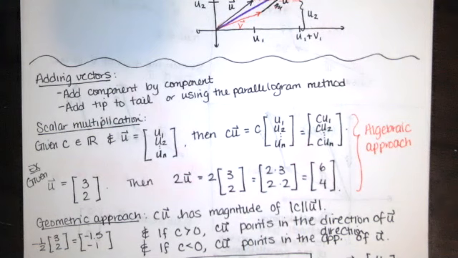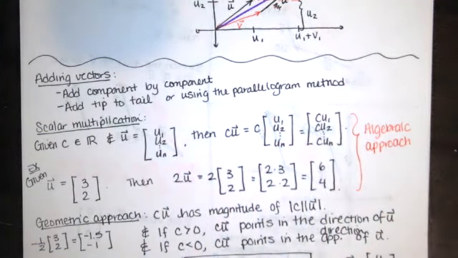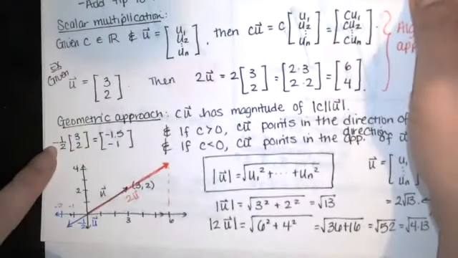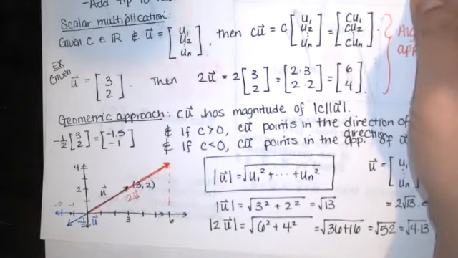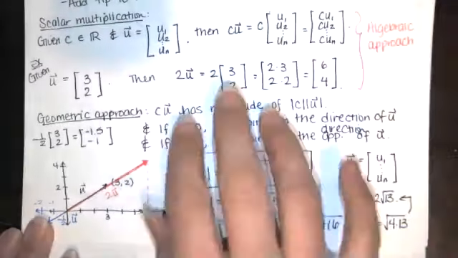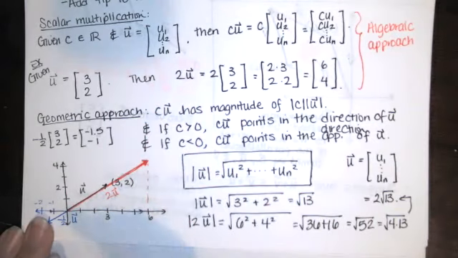The algebraic approach is really simple. You just distribute the scalar to each component and you multiply, whether that scalar is positive or negative. But the geometric approach, I think, is more interesting. This is saying when you multiply a vector by a scalar, what you're actually doing is rescaling it in some sense.